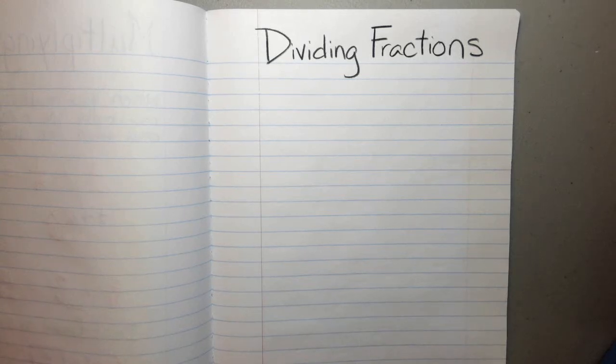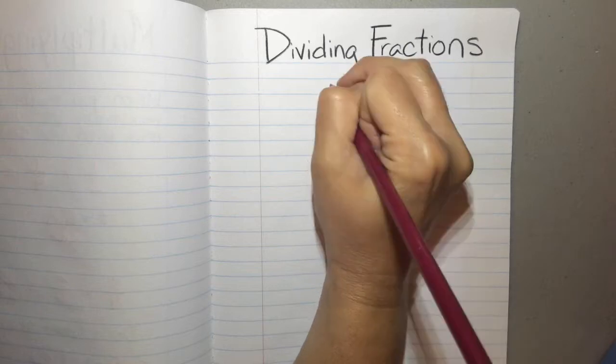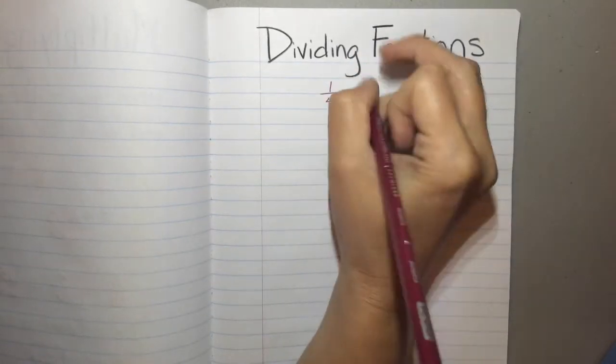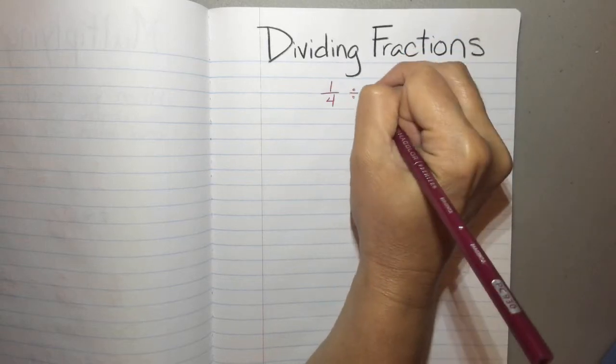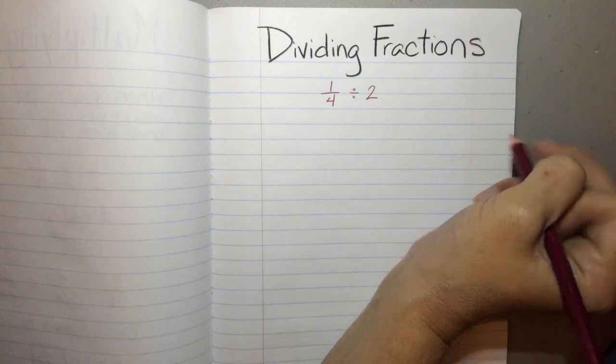Alright, so today we're going to talk about dividing fractions, and to get you started on how this even works, I'm going to give you an example like 1/4 divided by 2. Okay, 1/4 divided by 2.